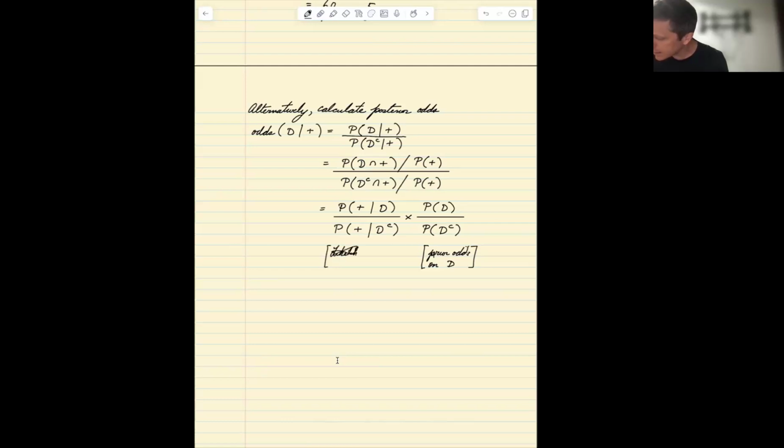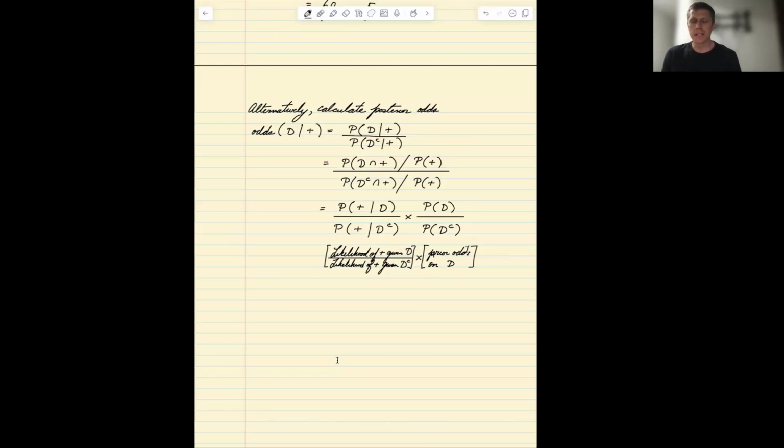It's how likely it is of being positive given D, over the likelihood of positive given D complement. So it's the likelihood ratio under the two conditions times the prior odds.